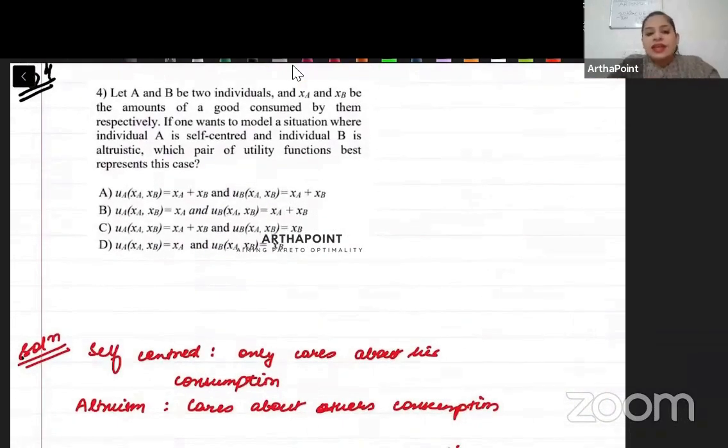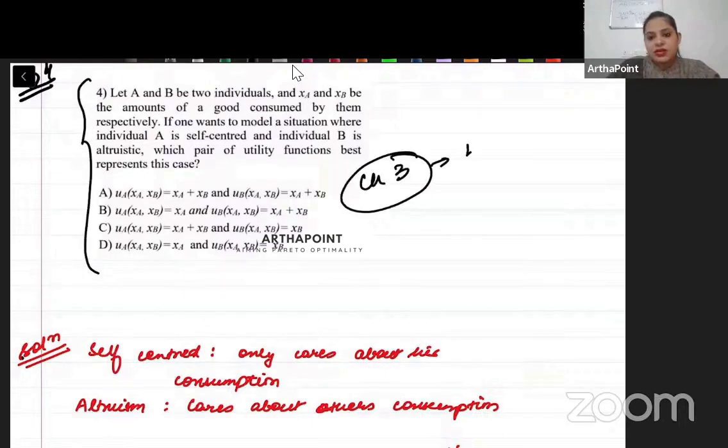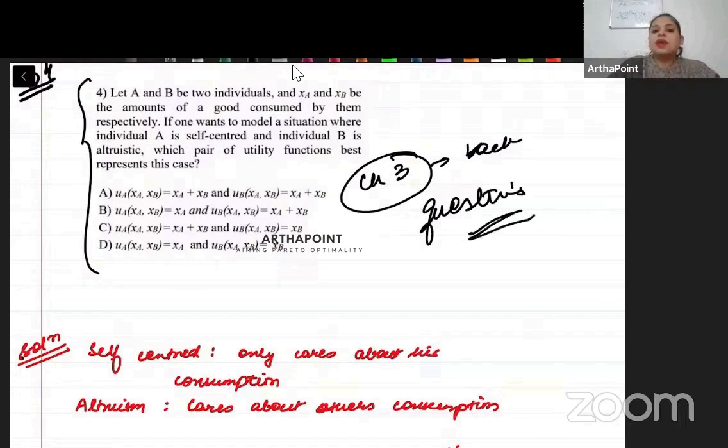Let A and B be 2 individuals, with XA and XB the amount of good consumed by them respectively. Now, if you have ever gone through Snyder, chapter 3 of Snyder in the back questions talks about altruism and self-centered individuals.